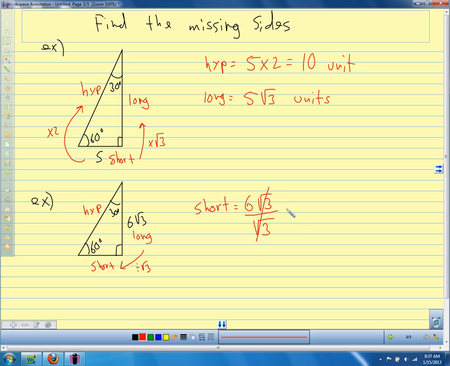So these cancel, and I just get 6 units. To go from the short to the hypotenuse, what do we do? Multiply by 2. So the hypotenuse equals 6 times 2, or 12 units.